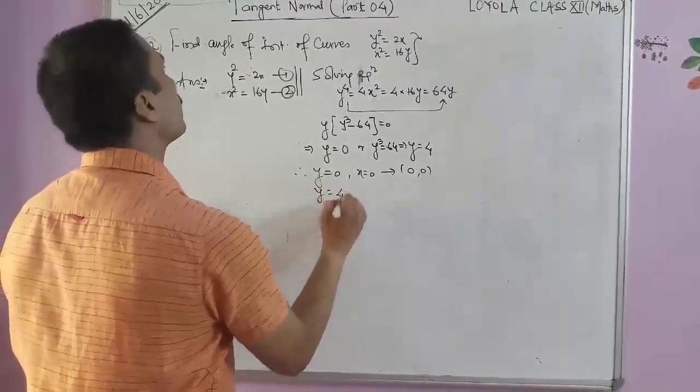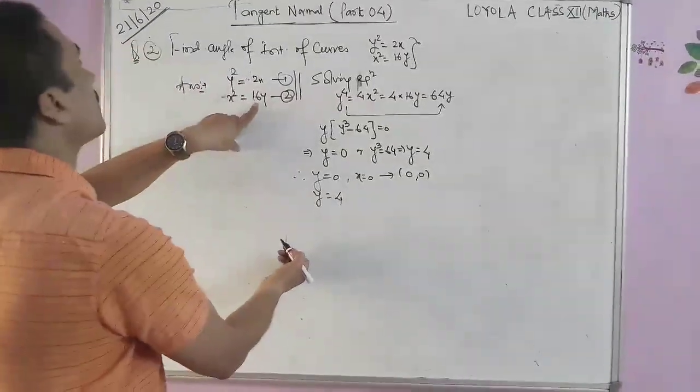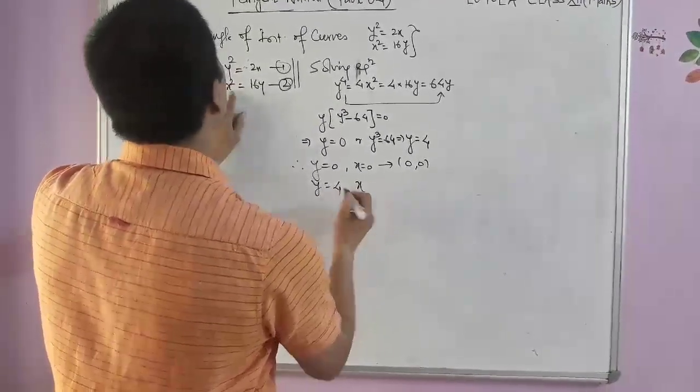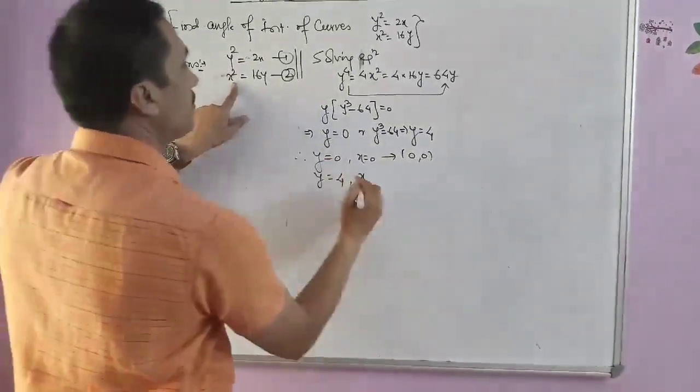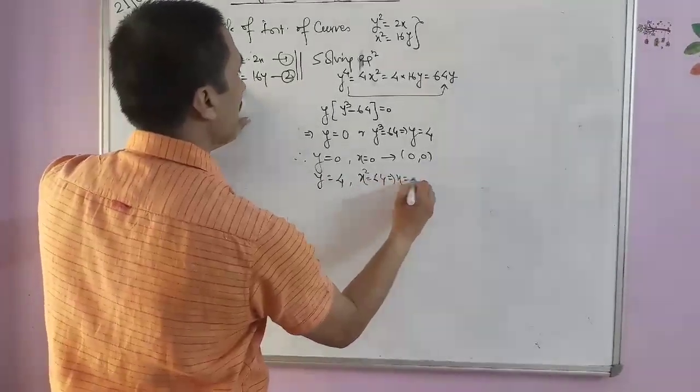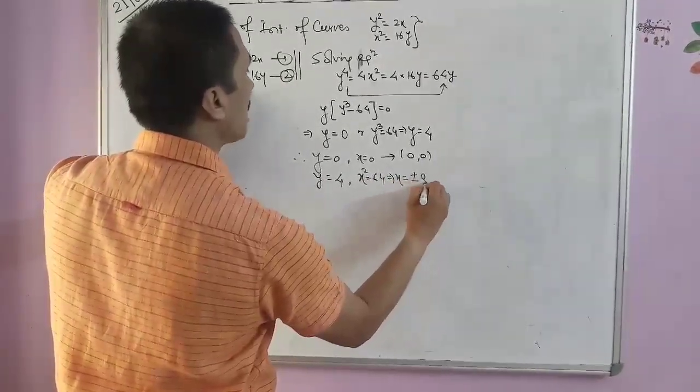When y equal to 4, x square equal to 64, which implies x equal to plus minus 8.